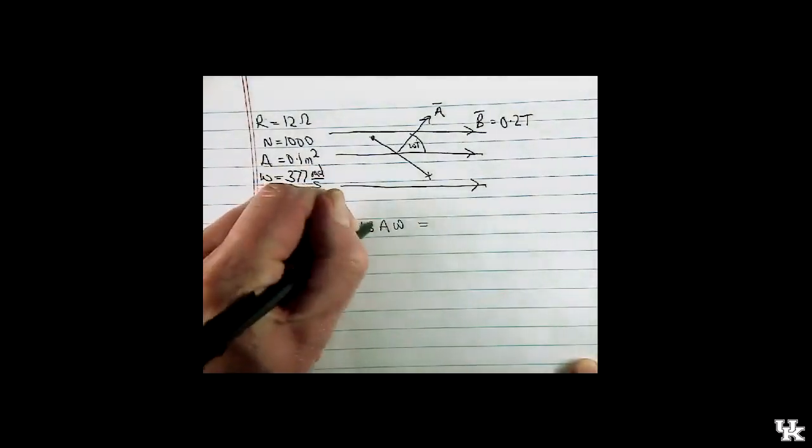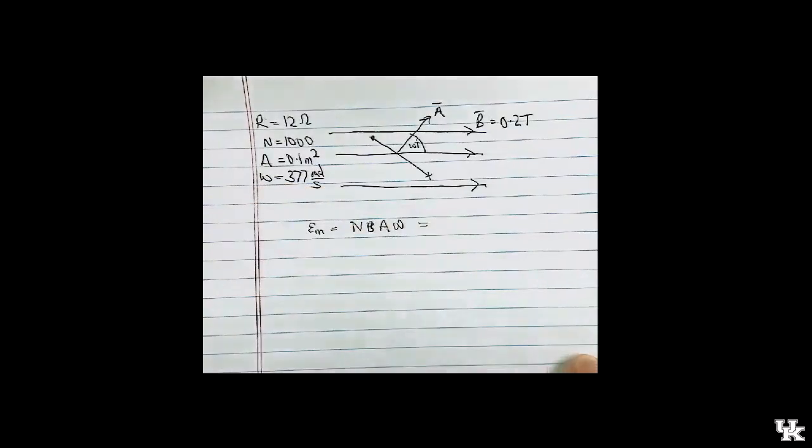The maximum induced EMF, which I call epsilon for EMF, subscript m for maximum, is just the product of these 4 quantities: the number of turns times the area of the loop times the angular velocity of the loop, all properties of the loop, times the field that the loop is immersed in.